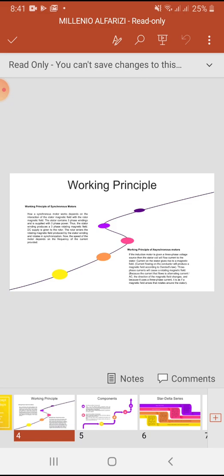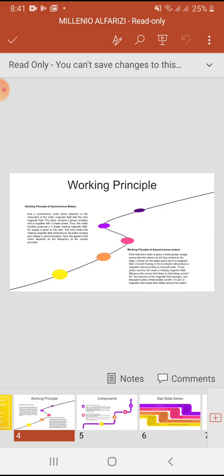Working principle of asynchronous motors. If the induction motor is given a three-phase voltage source, then current will flow in the stator coil. Current on the stator gives rise to a magnetic field. Current flowing on the conductor will produce a magnetic field according to Oersted's law.